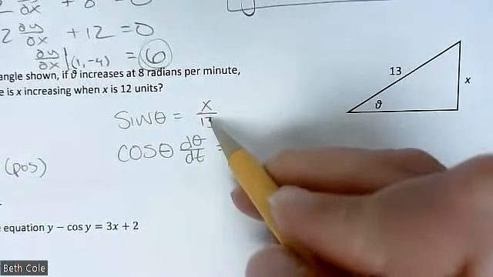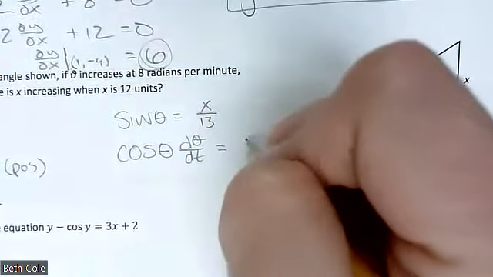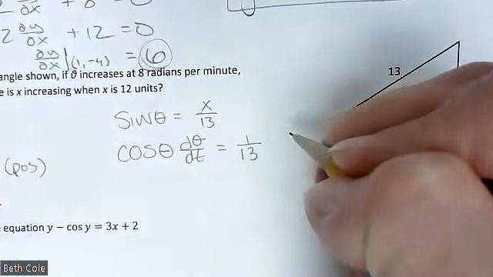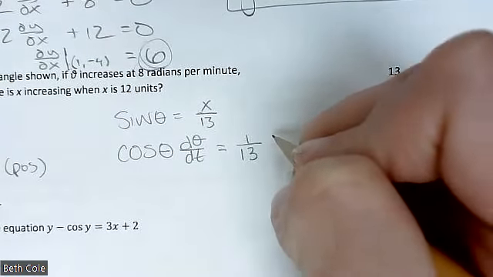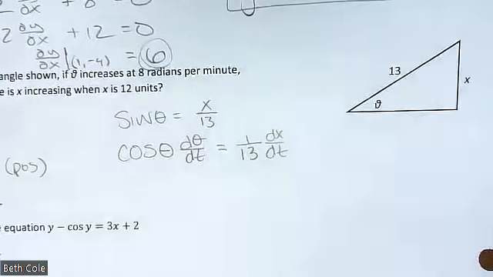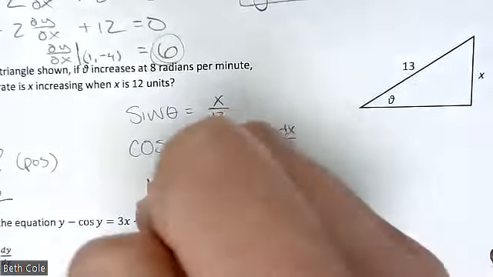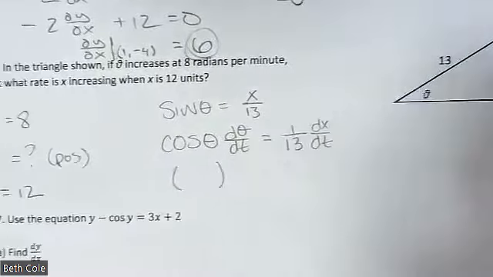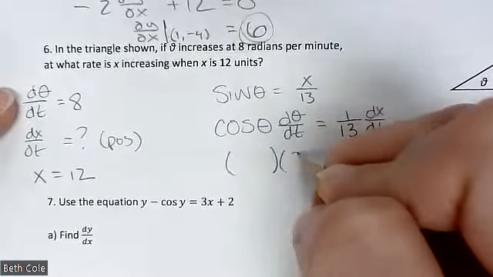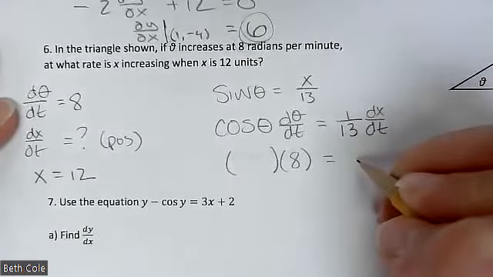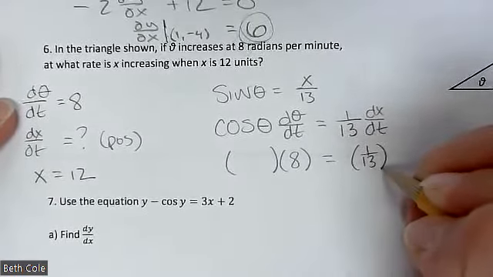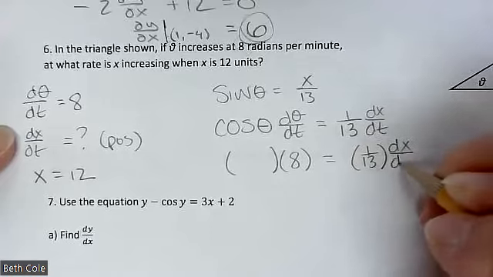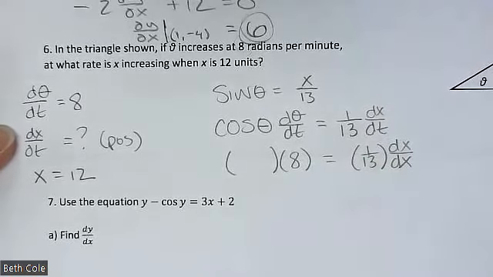Now, if you want to think of this as 1/13 x, the derivative is 1/13 dx/dt. All right, cosine of theta, we're going to have to come back to. Do I have d theta/dt? Yes, that's 8. And then over here, we've got 1/13 times dx/dt, which is what we're looking for, so just leave that in there.